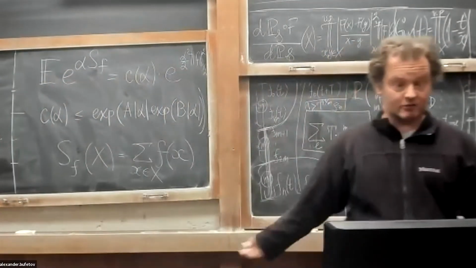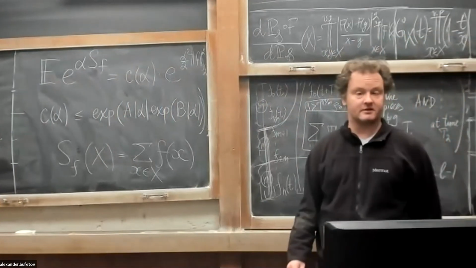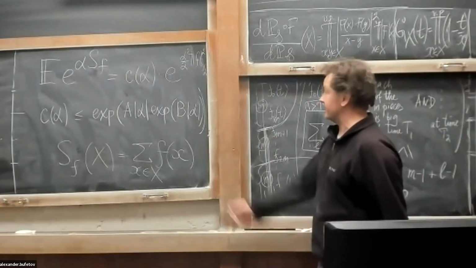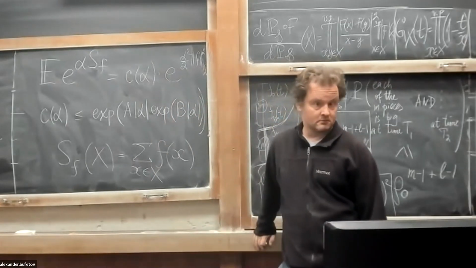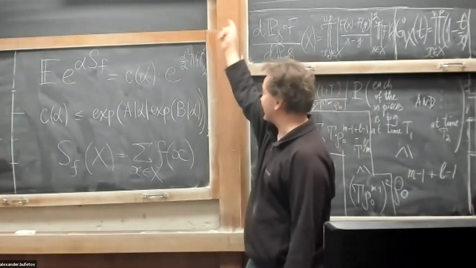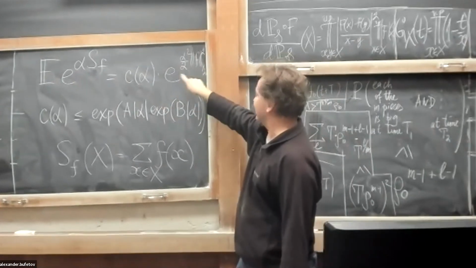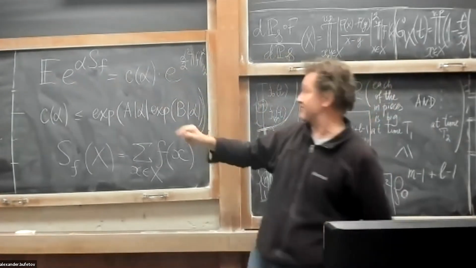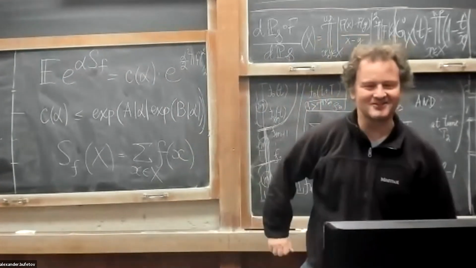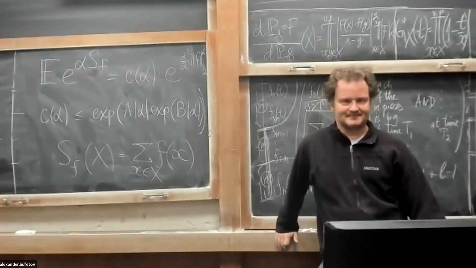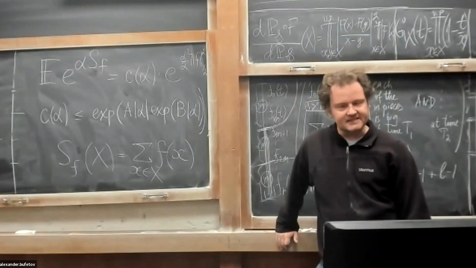So this function is equal to 0 with positive probability. So it has an atom, but it doesn't contradict this representation. The function e to the minus alpha squared certainly satisfies this inequality, right? So there is no contradiction. Does it make sense what I say?